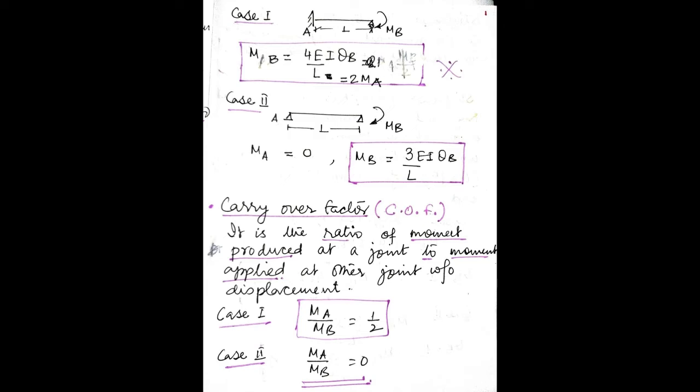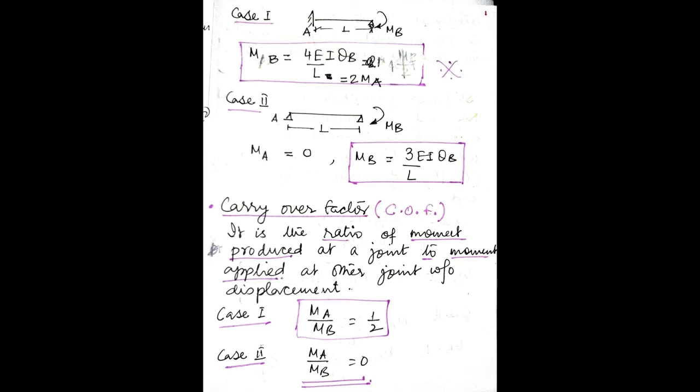In this case, one end is fixed, the other end is simply supported. So the moment developed at A will be half of the moment given at B, MB, or MB equals 2MA.